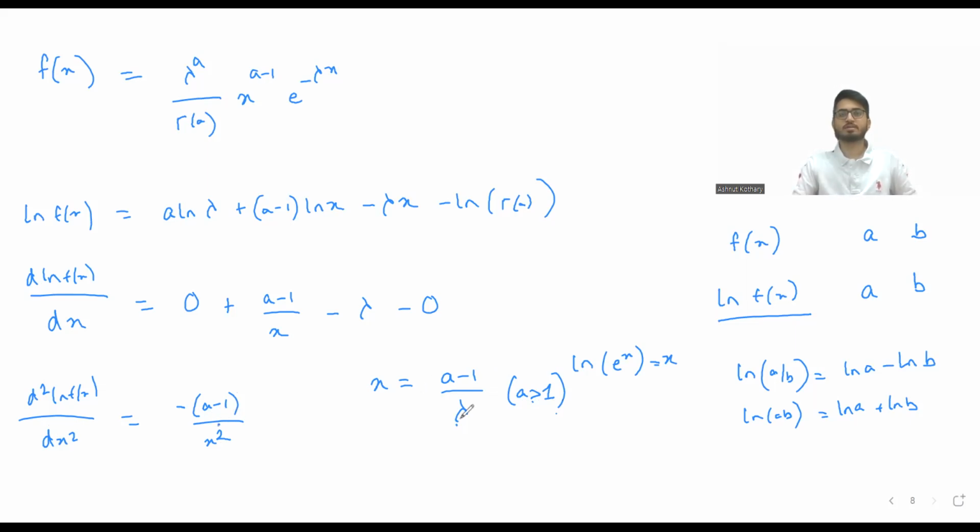Therefore this point is my point of maximum. You can take the result: this is the mode of a gamma distribution. Do mention as well, the mode is 0 when alpha is less than 1.